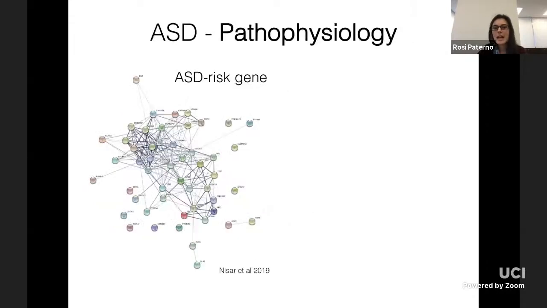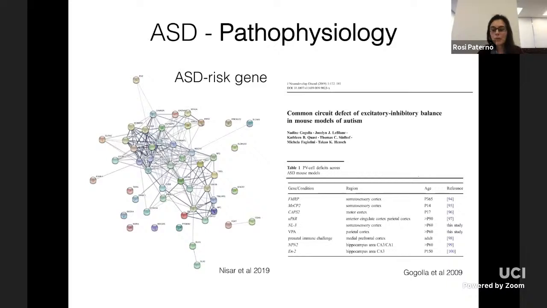So many studies have tried to identify the cause of autism, and there are many studies focusing on genomics and trying to understand if there is an association with some genes, and many different genes have been identified. But the key is to try to understand if there is a common pathophysiological hallmark, given the fact that so many different genes are involved.